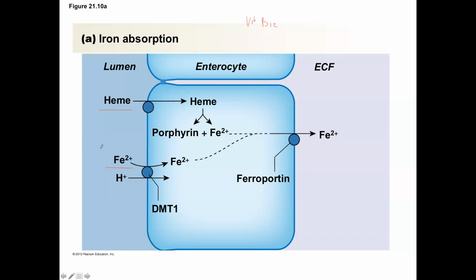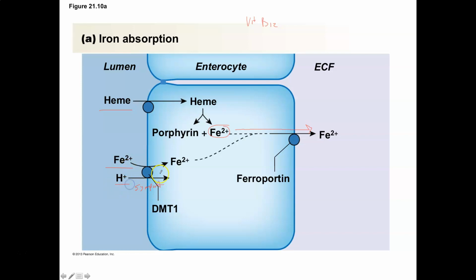Heme actually gets transported across the apical side of the cell and moves into the epithelial cell. Once heme is in the epithelial cell, we remove the iron from it, and then the iron can be moved into the extracellular fluid. The iron that comes from plant material uses a symport. So we have a symport with hydrogen ions.